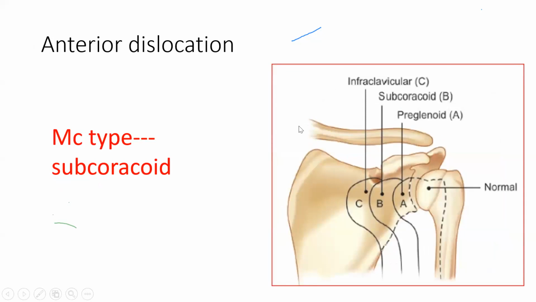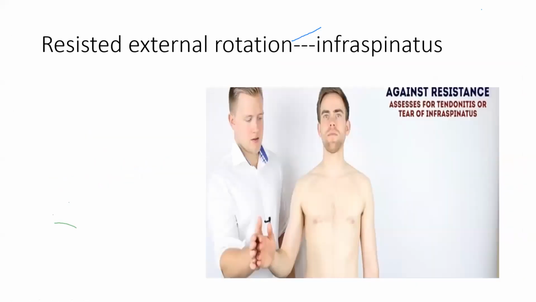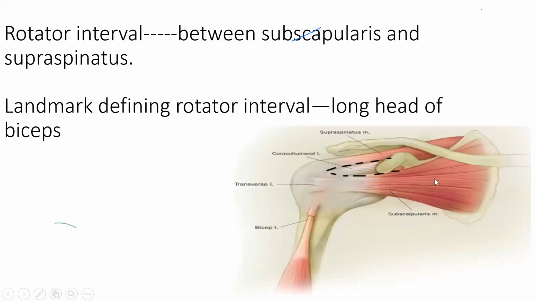This is the clavicle. In the shoulder, this portion is the coracoid, this pen-like, bulb-like structure. If the dislocation is below the coracoid, it is subcoracoid, and subclavicular. Depending upon the way of dislocation, there are different names.